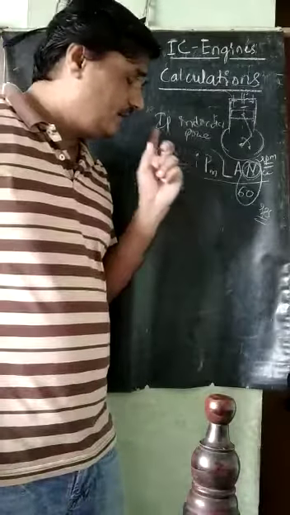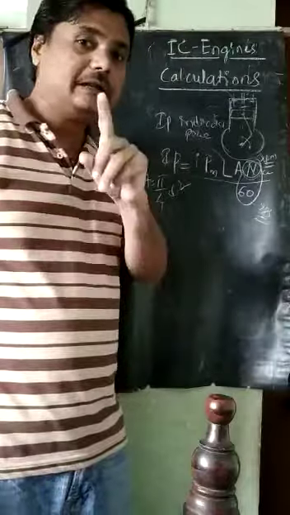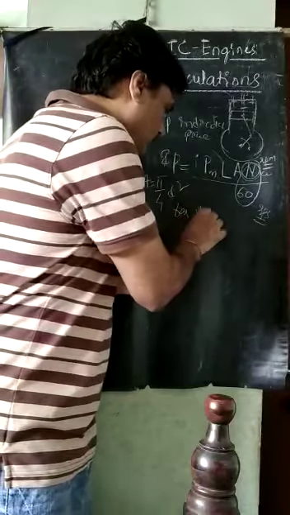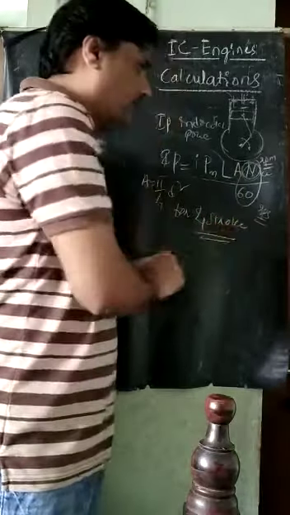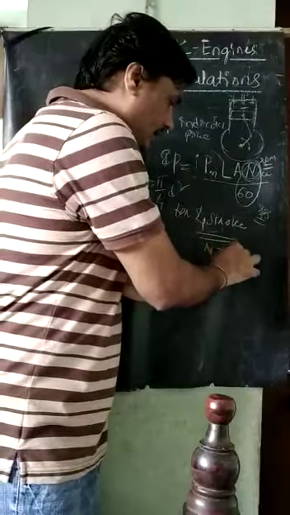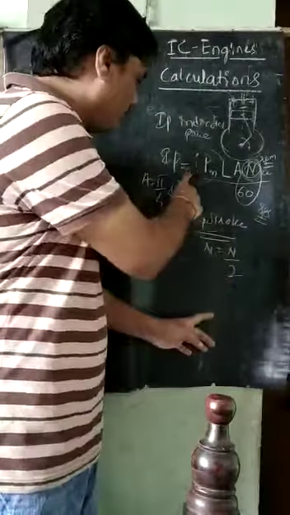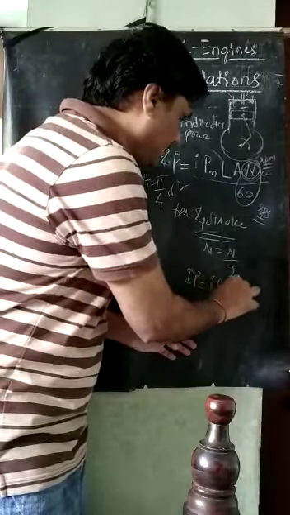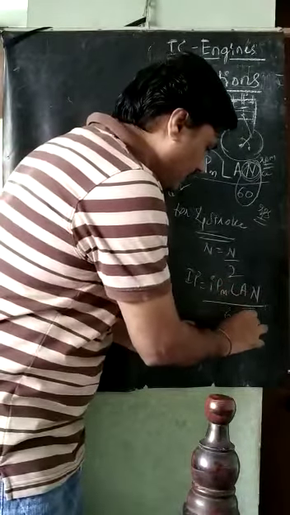Does it differ for 2-stroke and 4-stroke? Yes, definitely it differs. For 4-stroke, we have to take care of the n value: n is equal to N by 2. For 4-stroke, IP is equal to I into PM into L A N divided by 60 into 2.